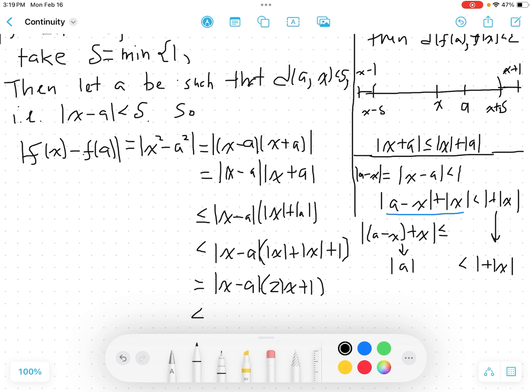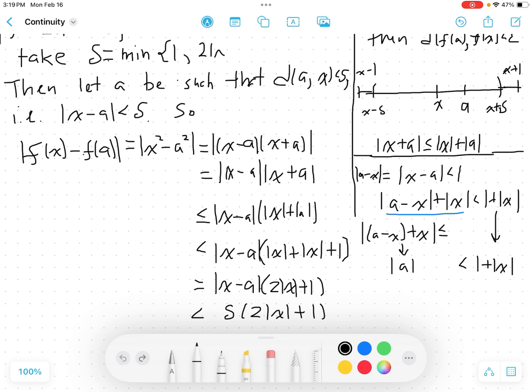The x minus a part, as we said, is less than delta. I'm seeing here that I'm multiplying delta by 2 absolute value of x plus 1. So if I take delta to be epsilon divided by 2 absolute value of x plus 1, things will cancel and I'll get what I want. So if I say that delta at least is equal to the minimum of 1 and then 2 absolute value of x.